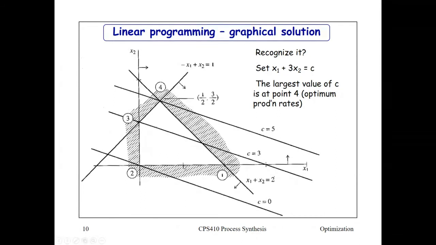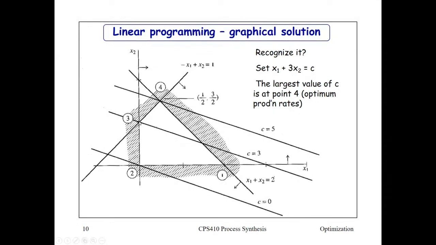If x1 equals 1 and x2 equals minus a third, then we'll have plus 1 minus 3 times a third equals 1 minus 1 equals 0. So that's why this point over here also equals 0. You can take any of these points, and if you evaluate x1 and x2 along that line, you will always get c equals 0.